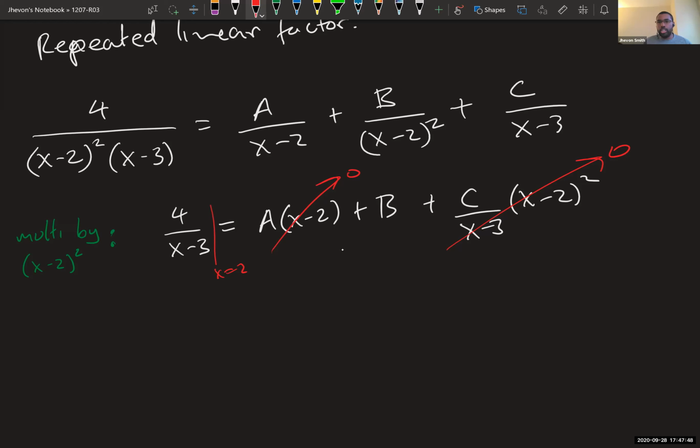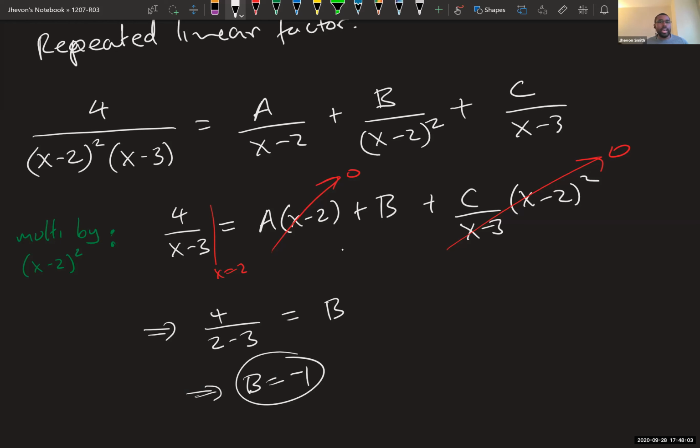So I could actually use the cover-up method to find the b. Four over 2 minus 3 is going to be b. So this means that my b is minus 1. I actually can't use the cover-up method to find the a because I would need to multiply by x minus 2 in order to do that, but that would cause a division by 0 on the left side. So this trick works for linear factors or the highest multiplicity of a linear factor, okay?